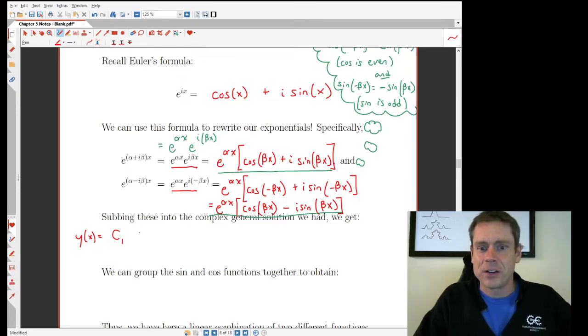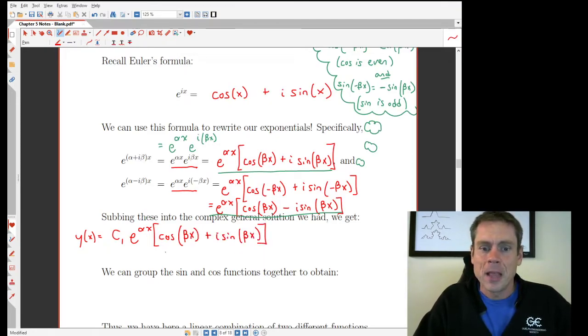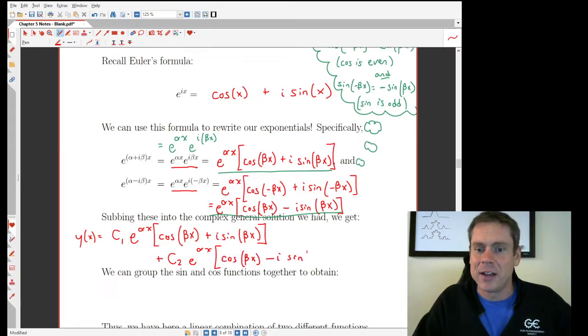Now, the first is that first bracketed term up there. It's e to the alpha x, cos of beta x plus I times the sine of beta x. And then I'm going to have plus c2 e to the alpha x. And then it looks like we have a cos of beta x minus I times the sine of beta x.